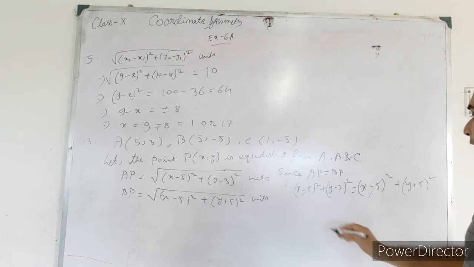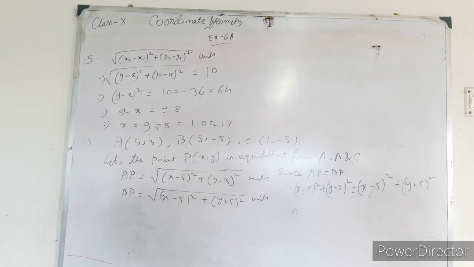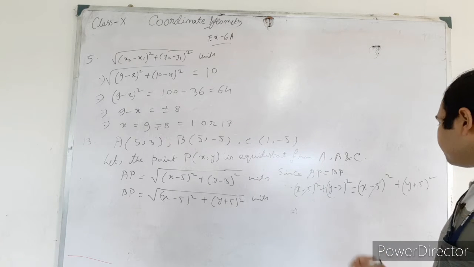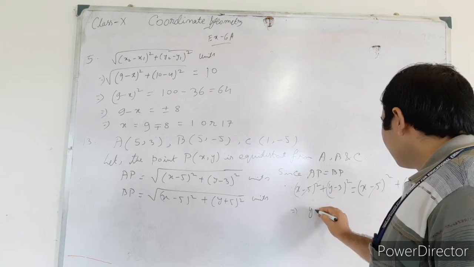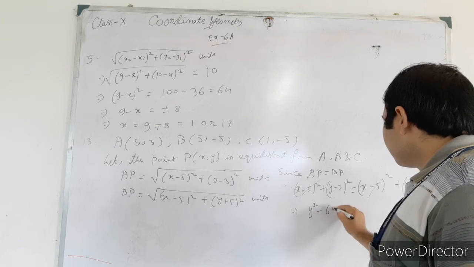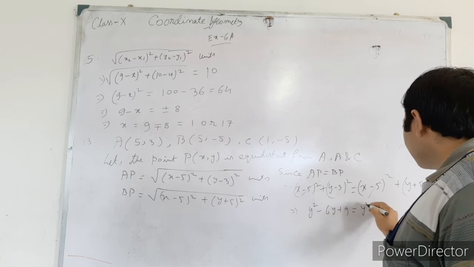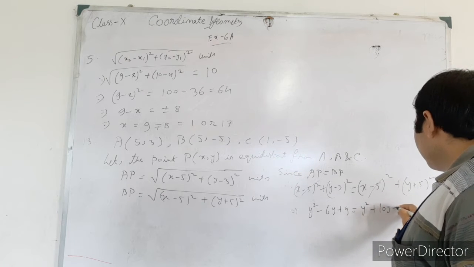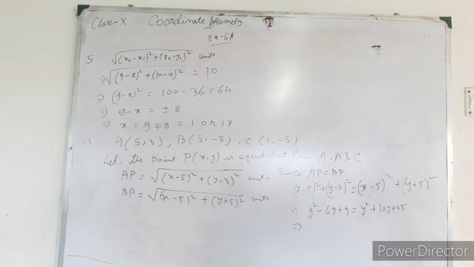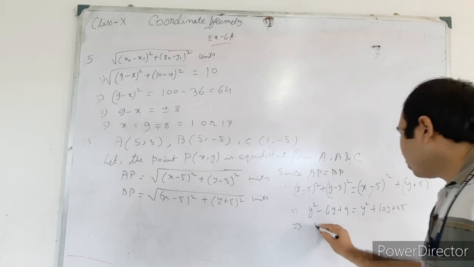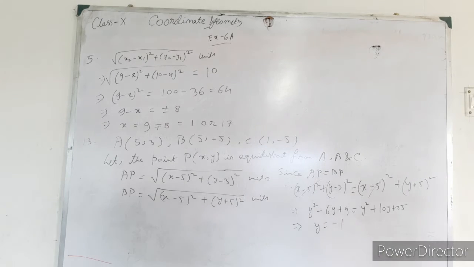Those two terms will be cancelled out, and the result will be y square minus 6y plus 9 equals y square plus 10y plus 25, and so y equals minus 1.